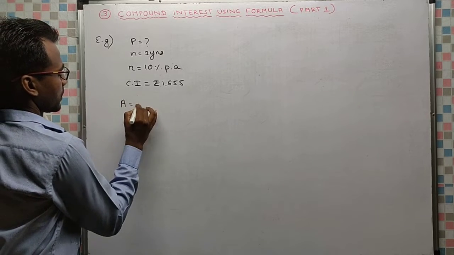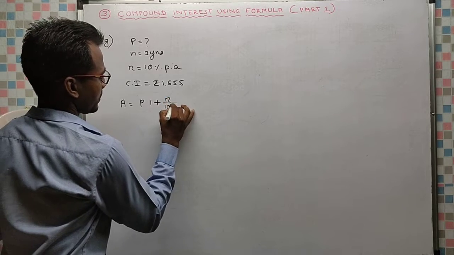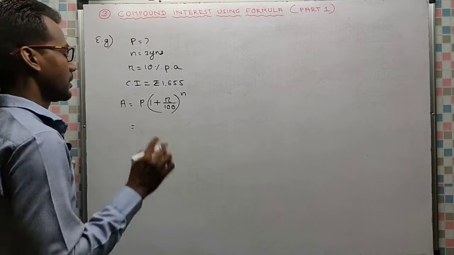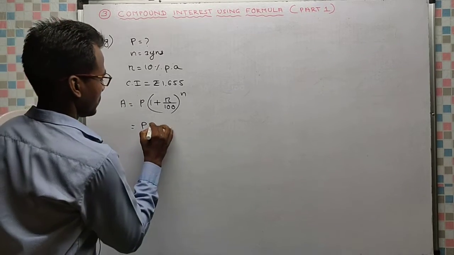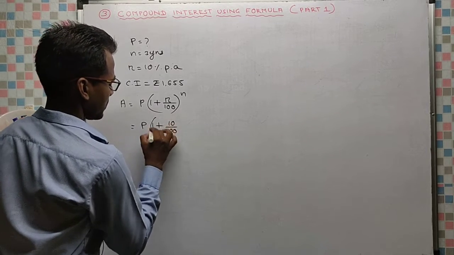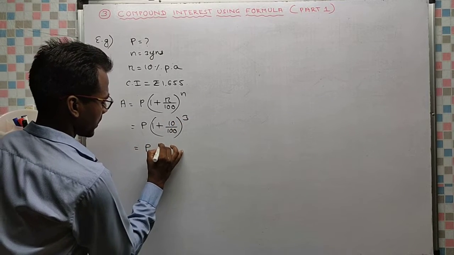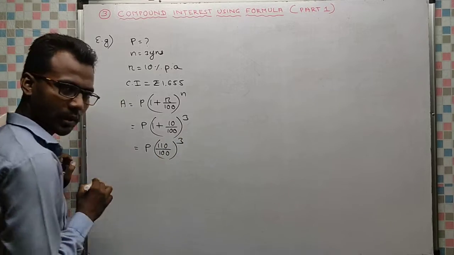So amount is equal to P into (1 plus R by 100) power n, because constant rate. P we don't know, 1 plus rate is 10 by 100, time is 3. P into (110 by 100) power 3.